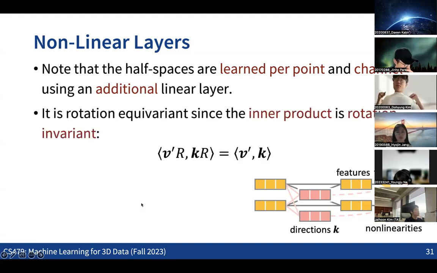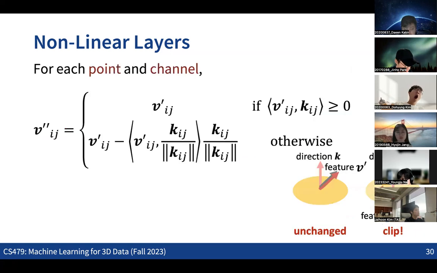And this is a rotation equivariant function because everything was rotation equivariant, right? We are using the same linear layers. Also, if we go back to this computation, we are taking the dot product of the two vectors, right? And the dot product remains rotation invariant. However you rotate the two vectors using the same rotation matrix, the output of the dot product stays the same.